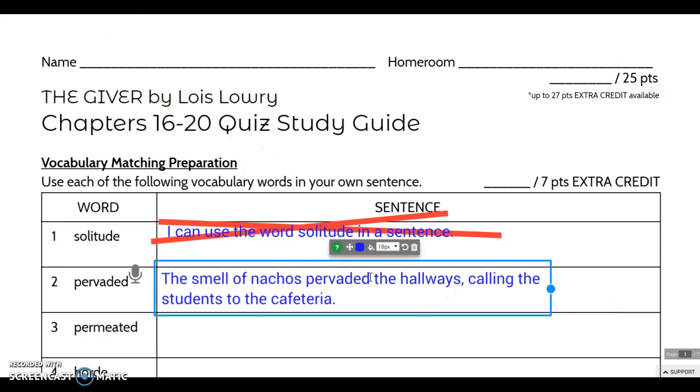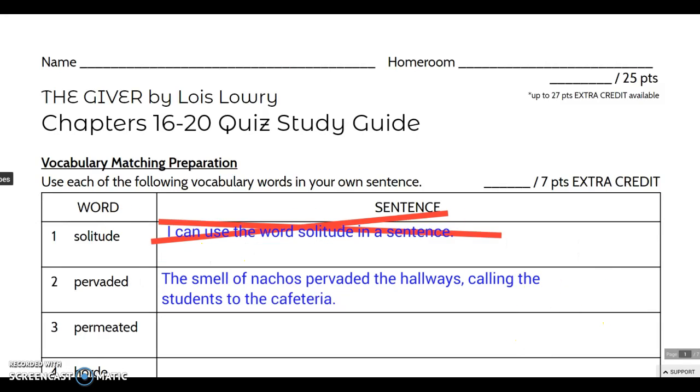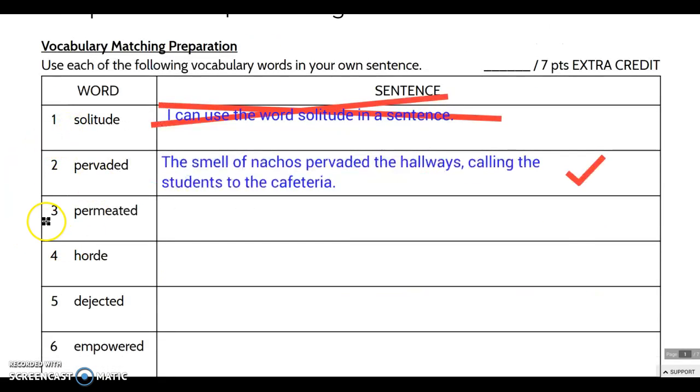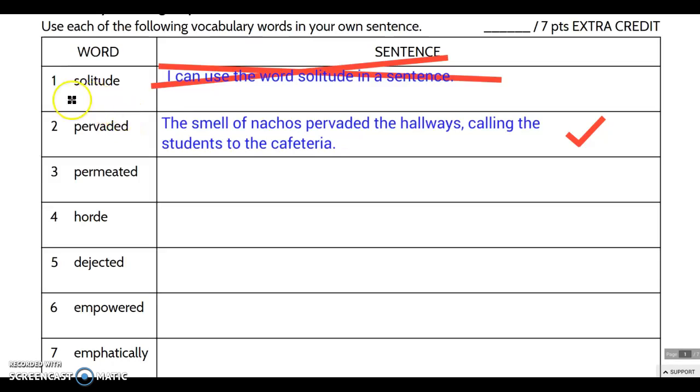There we go. All right, so if you wrote a sentence like this, you would receive credit, because this sentence actually helps show me the meaning of the word pervaded. So you need to write your own sentences for solitude and words 3 through 7. You are welcome to use my sentence for the word pervaded.